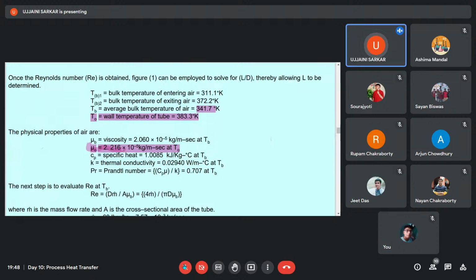So the fluid is air, and you are finding the temperature of air at the entry and at the exit, and the other at the whole inner surface, the wall of the pipe. At the wall temperature 383.3, the viscosity of the air layer on the wall is 2.216 into 10 to the minus 5, whereas the bulk air temperature viscosity of air is 2.060 into 10 to the minus 5.